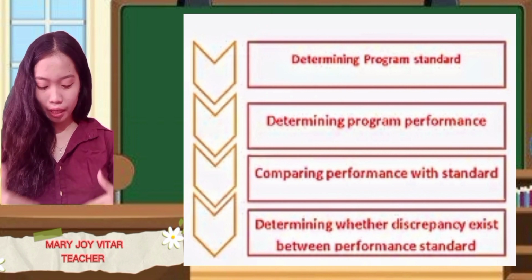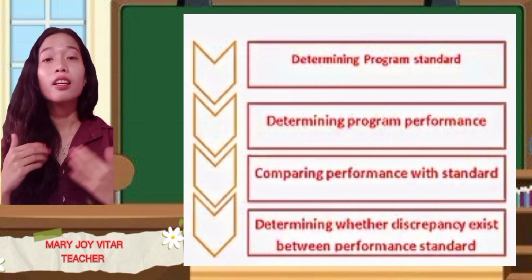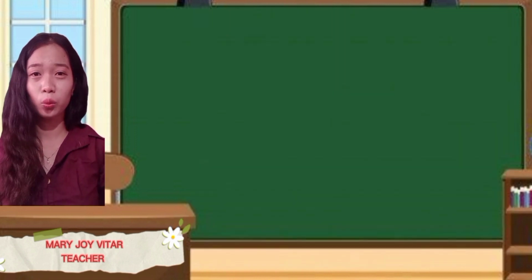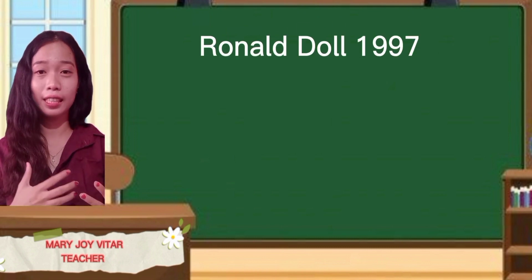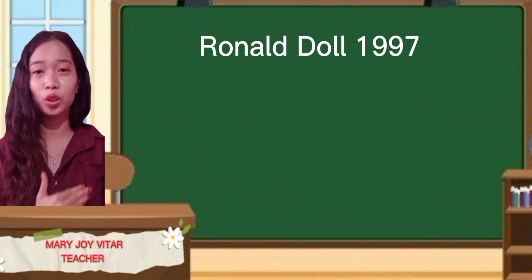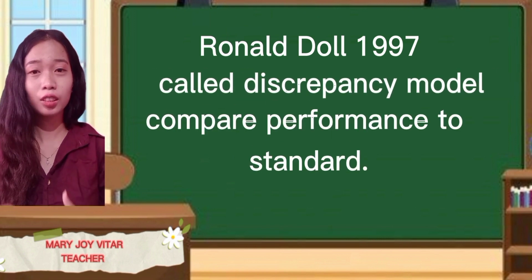Lastly, determining whether a disparity exists between performance and standard. According to Ronald Doll, 1997, the Provus model is called the discrepancy model because it compares performance to standard.